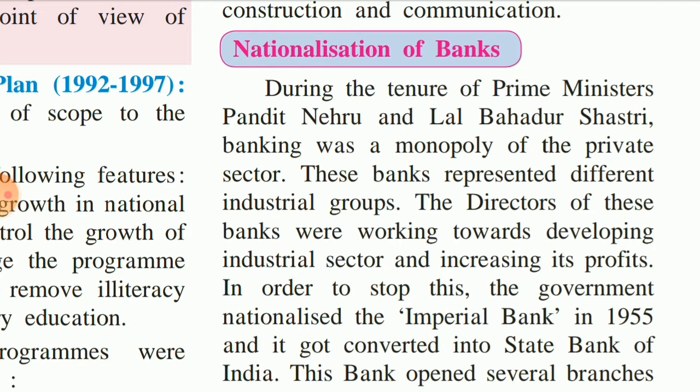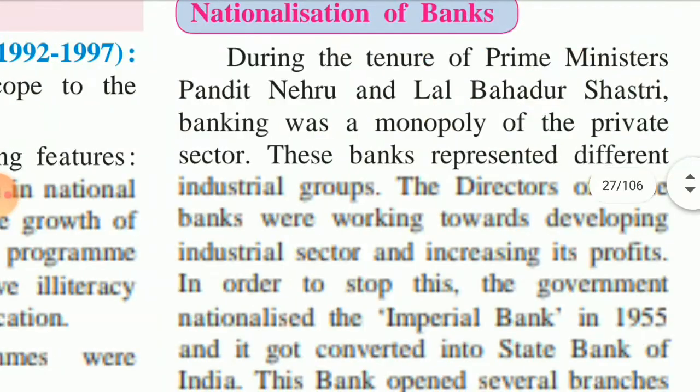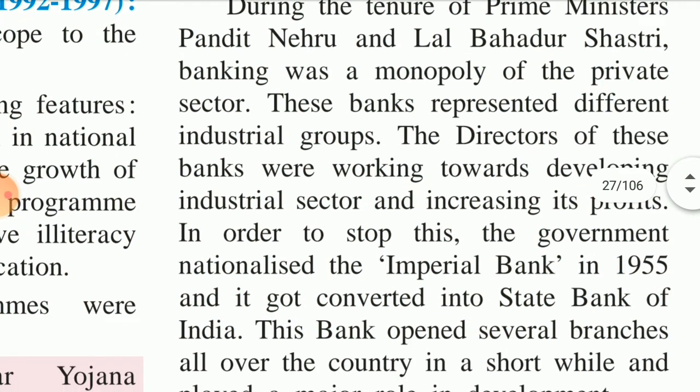In this way they were benefiting. These banks represented different industrial groups. The directors of these banks were working towards developing the industrial sector and increasing its profit. So these industrialists were becoming rich, and they were only profit oriented.